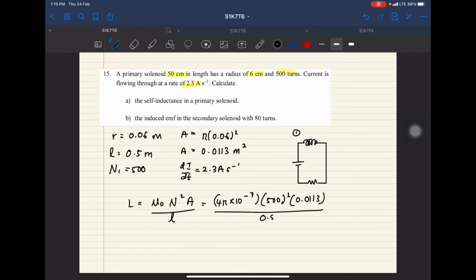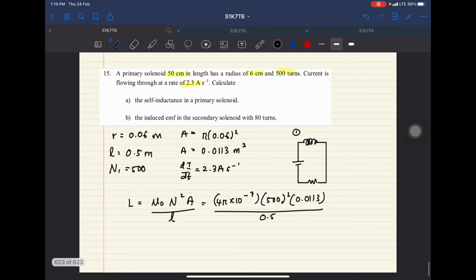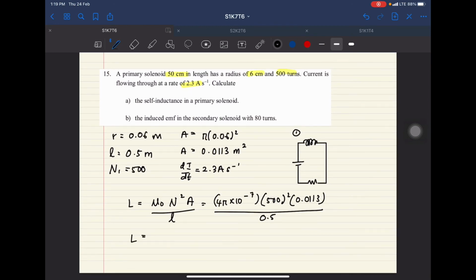Length is 0.5. Okay, so that one should be 7.0999 or 7.10 times 10 negative 3, and again the unit will be Henry.